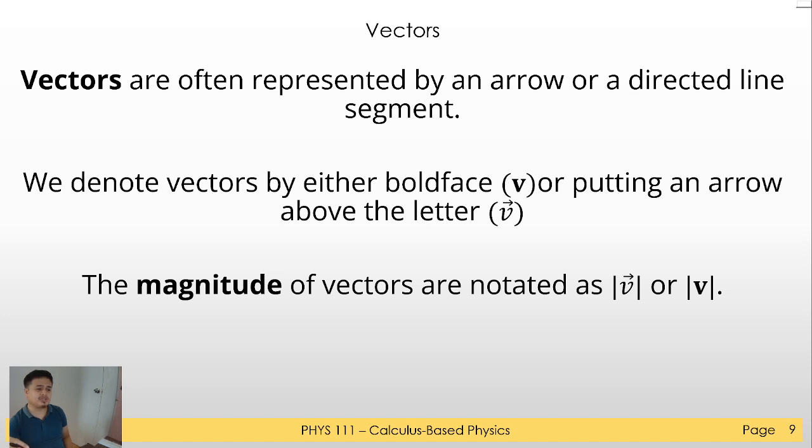You can also solve for the magnitude of the vectors, and this is notated as the norm, or the length. These double vertical bars mean that this is the length of the vector, in this form or in this form.